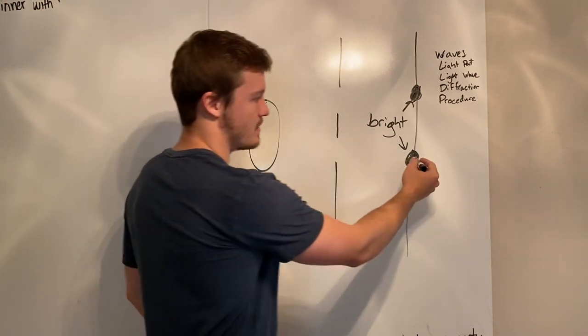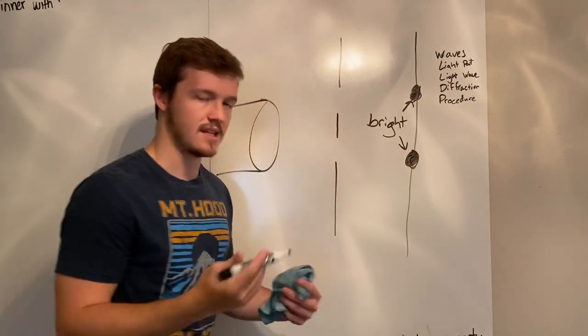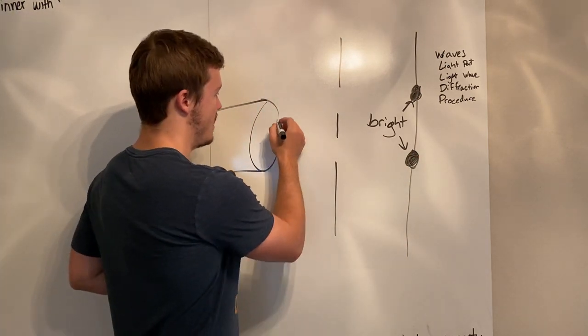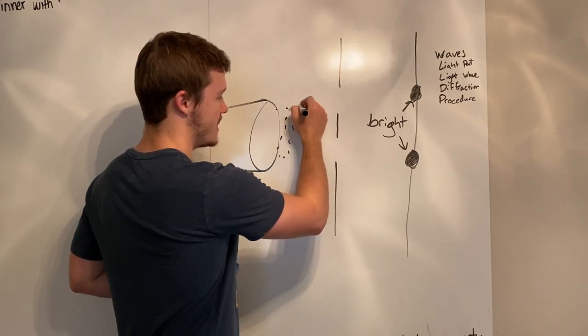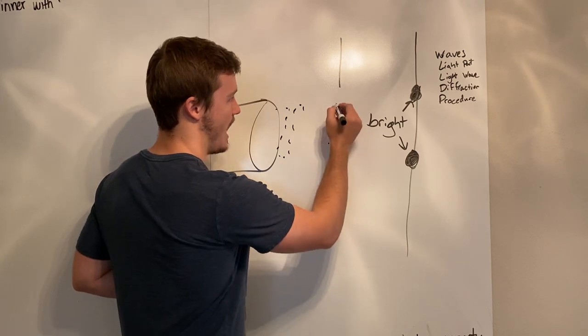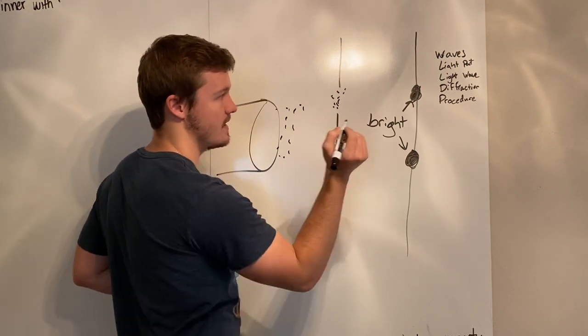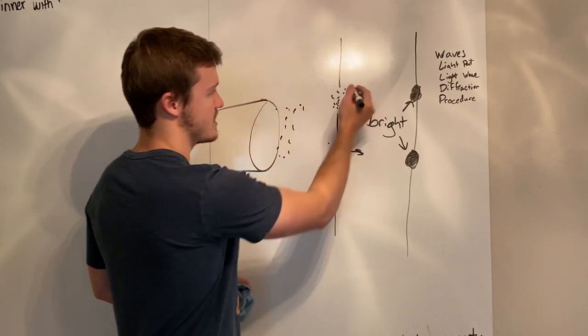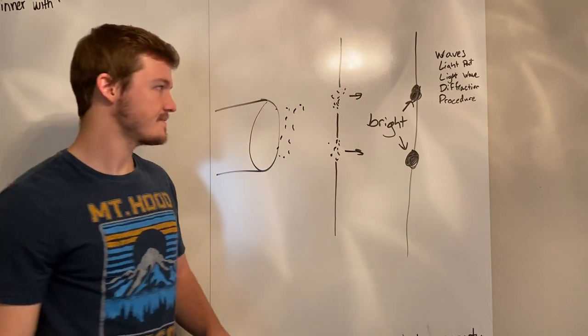And now the reason that Newton would say this is because his idea of light was with photons. And so his theory was that of all the photons coming out of this flashlight, about half of the photons would pass through this slit, about half of the photons would pass through this slit, and of course you end up with two bright spots where each set of the photons were landing.